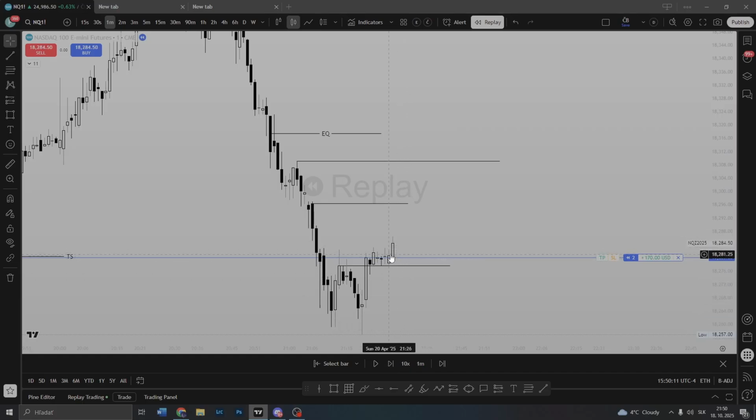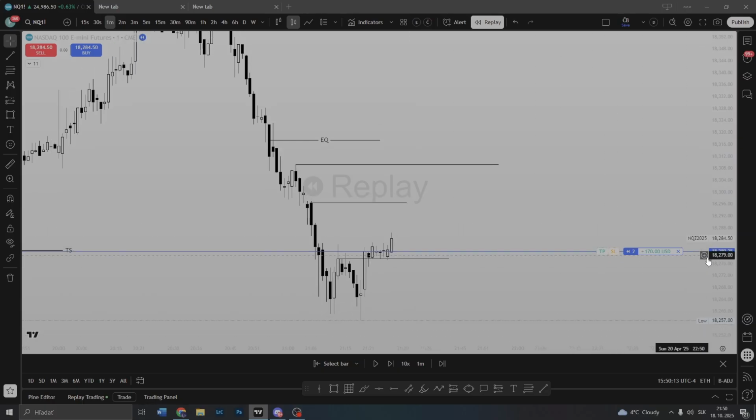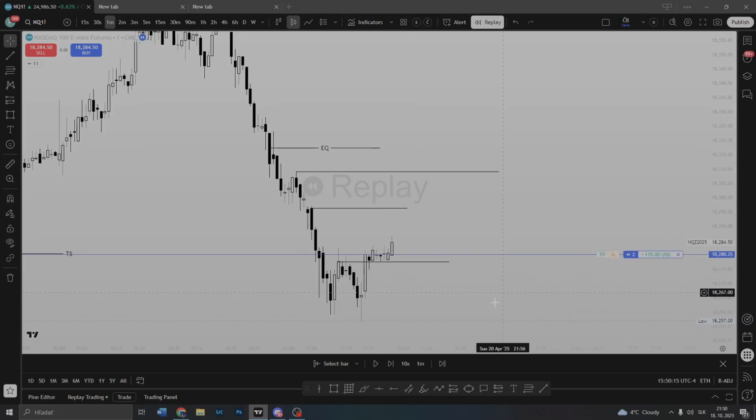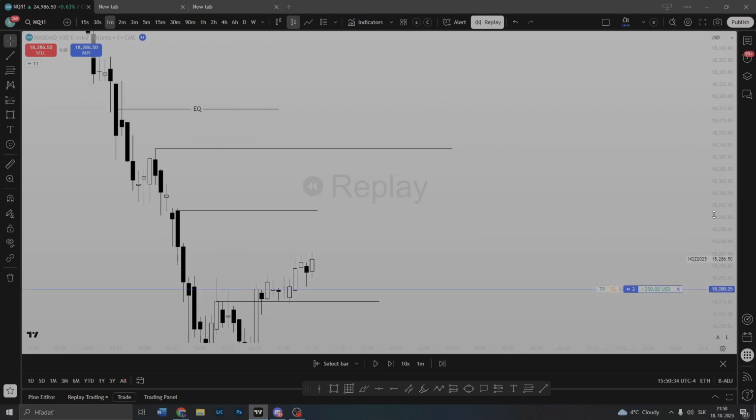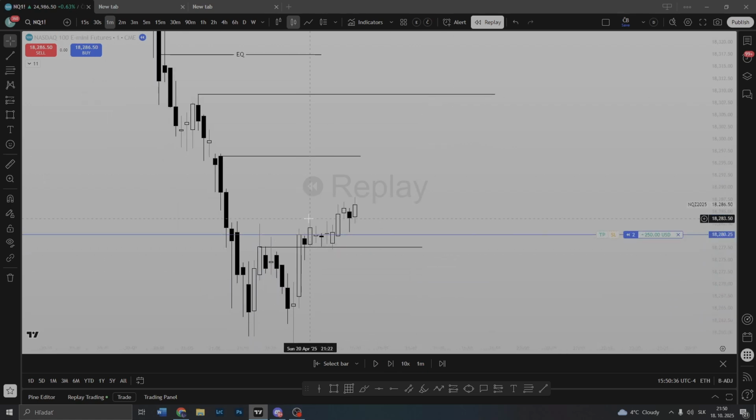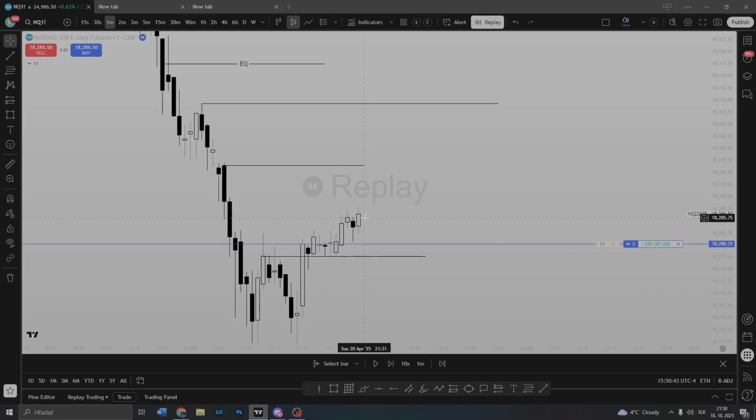Confirmation candle right there. For now we are not displacing, we are just rebalancing this little range. Okay, I would like to see the next candle just explode. Why? Because we put this swing high, swing low, another swing high right here, we rebalance it, and now we are closing above it and trying to expand higher.